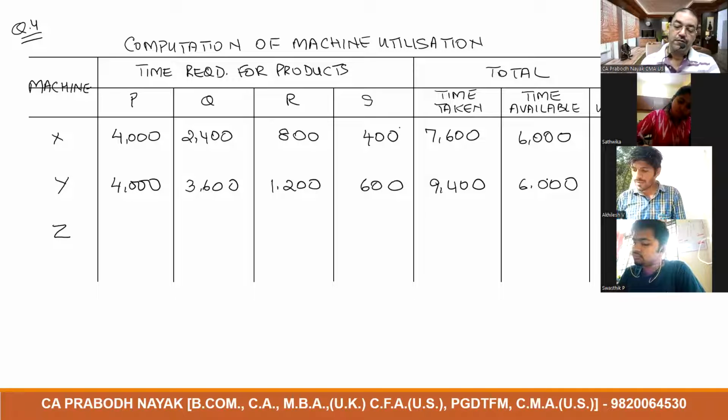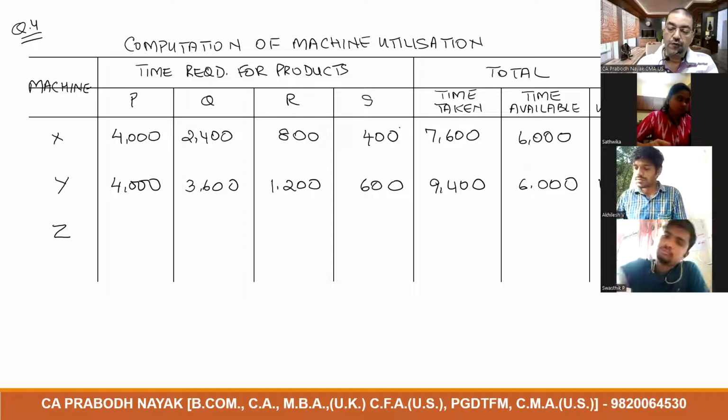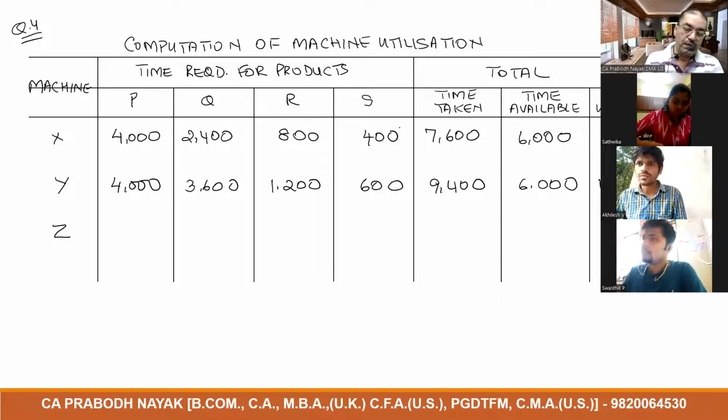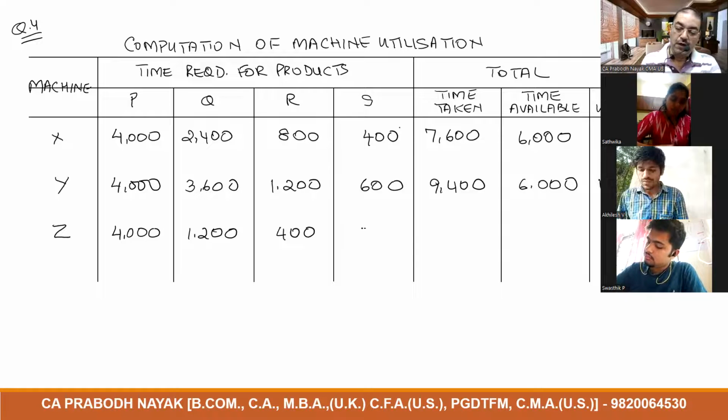Calculate the machine utilization: 156.67%. Last one, machine Z: 4,000 hours, 1,200 hours, 400 hours, and 200 hours. Total 5,800.